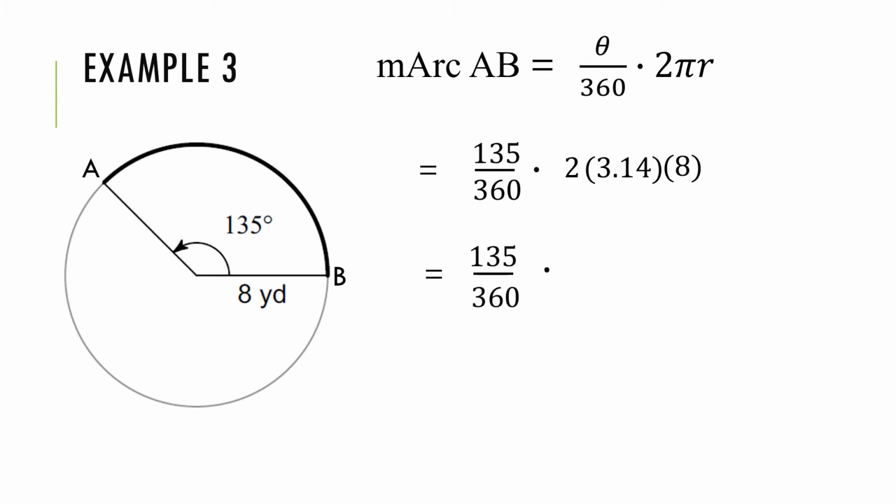Now we're going to multiply 135 divided by 360 times the circumference, which is 2 times 3.14 times 8, which is 50.24, and just multiply 50.24 times 135 divided by 360, and we'll get 18.84 yards.